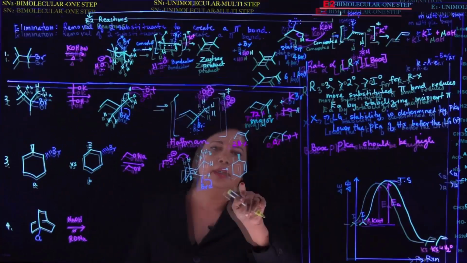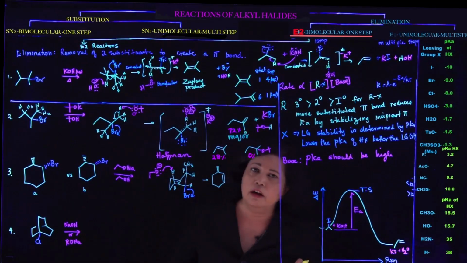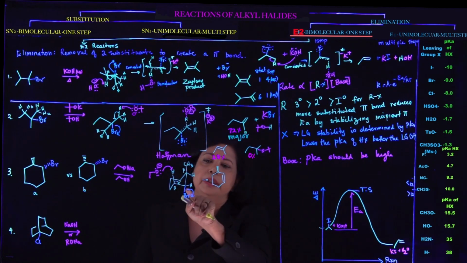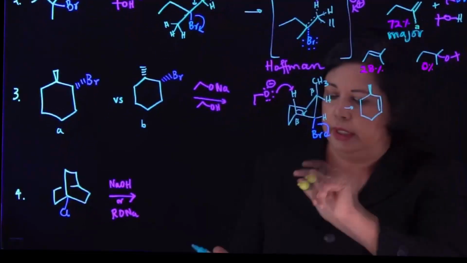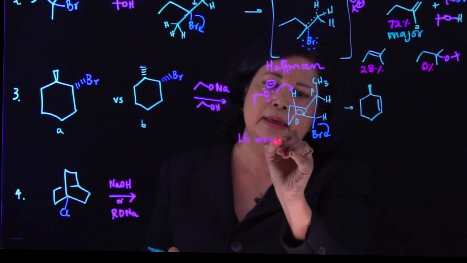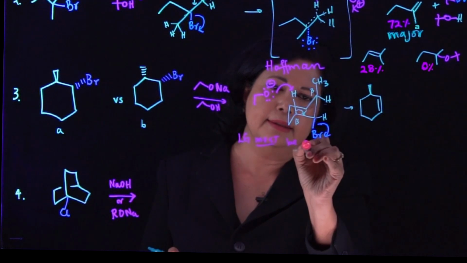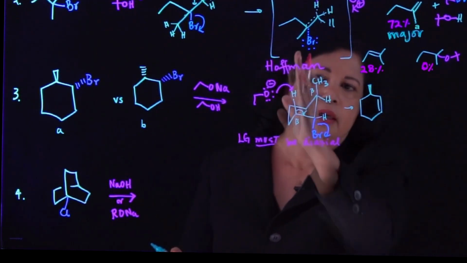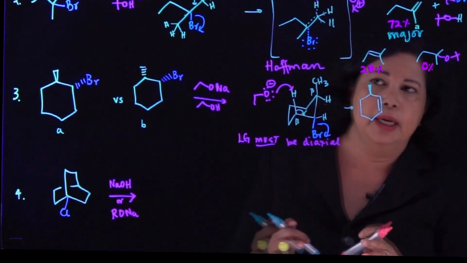So this inadvertently produces the Hofmann elimination product, even though it's a small base, mainly due to this restraint or condition that leaving groups must be diaxial. And that's because of the angle. They got to be parallel in order for those to overlap and form the pi bond.